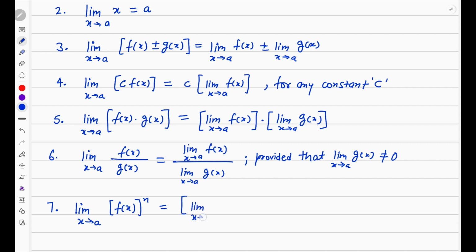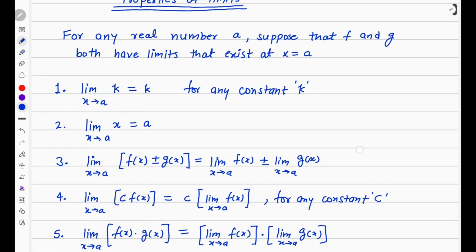It might be a fractional power or a whole number power, for any rational number. So these are a few properties of the limit.